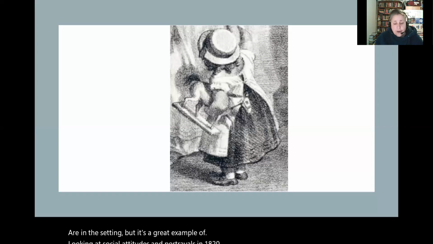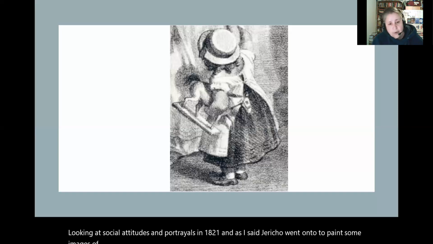And as I said, Géricault went on to paint some images of 10 people who were deemed mad or insane. So he was very interested in exploring the emotions around human difference.